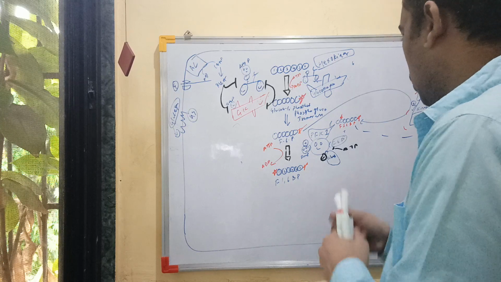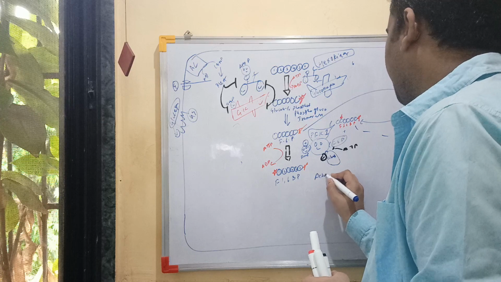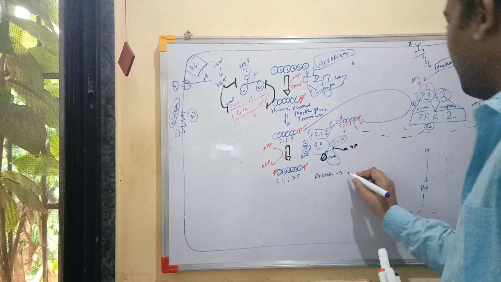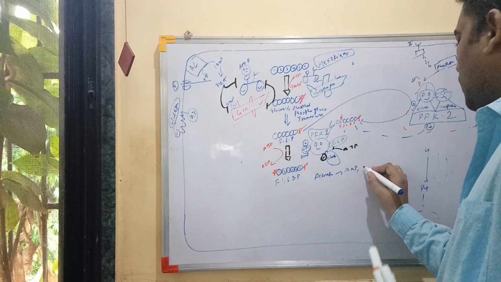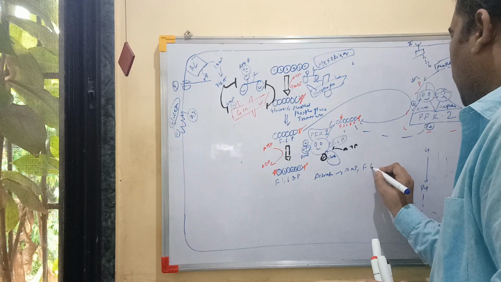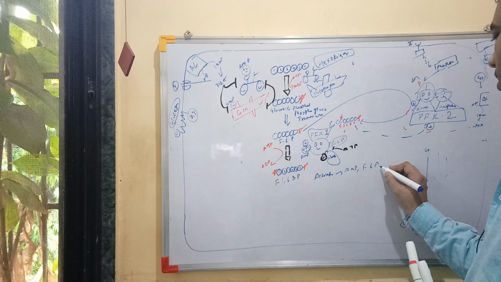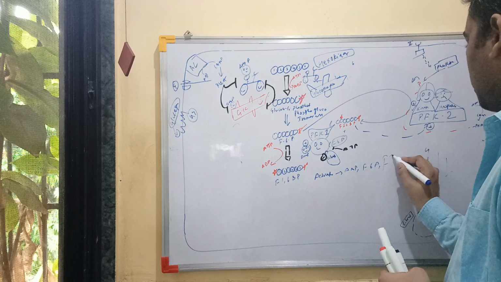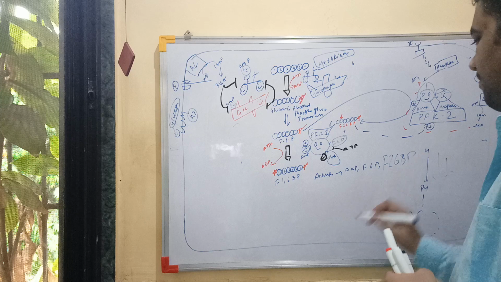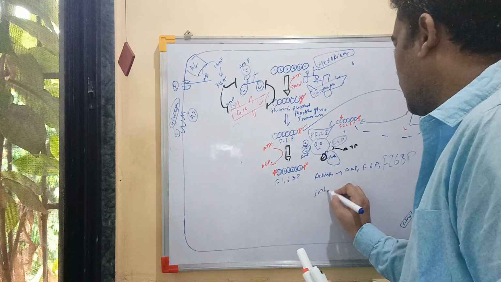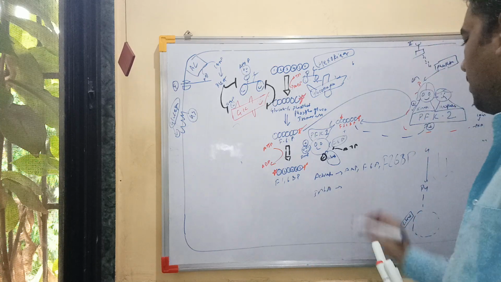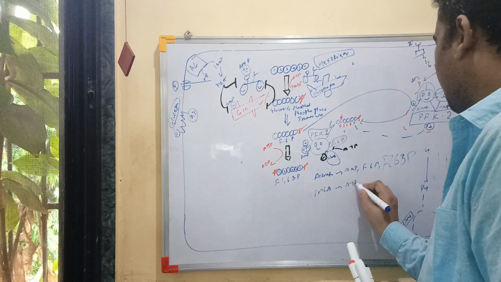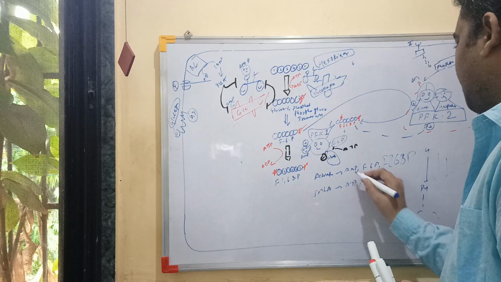So the activators we have discussed are AMP and fructose 6-phosphate, and the master activator is fructose 2,6-bisphosphate. The inhibitors are ATP and citrate.